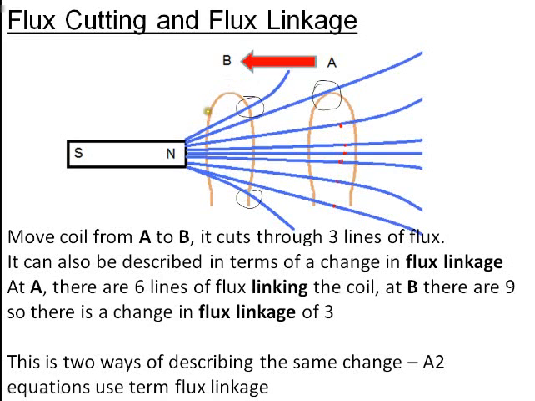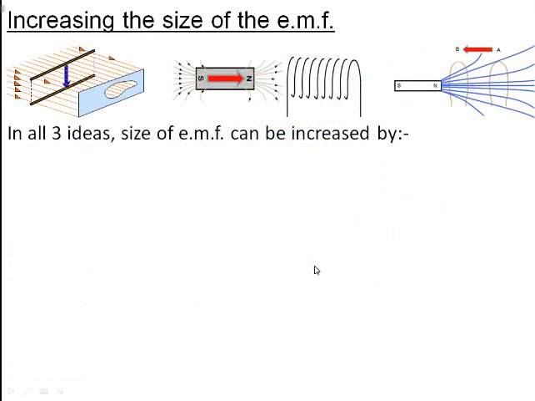Now if we look here in position B when it's moved, this time we've got 1, 2, 3, 4, 5, 6, 7, 8, and we've got 9 of them that now link or pass through the coil. So we've got a change in flux linkage of 6 to 9. So it's a change in flux linkage of 3. Exactly the same idea as flux cutting. Two different ways of describing the same thing, but you need to understand the term flux linkage because that's what's used at A2.